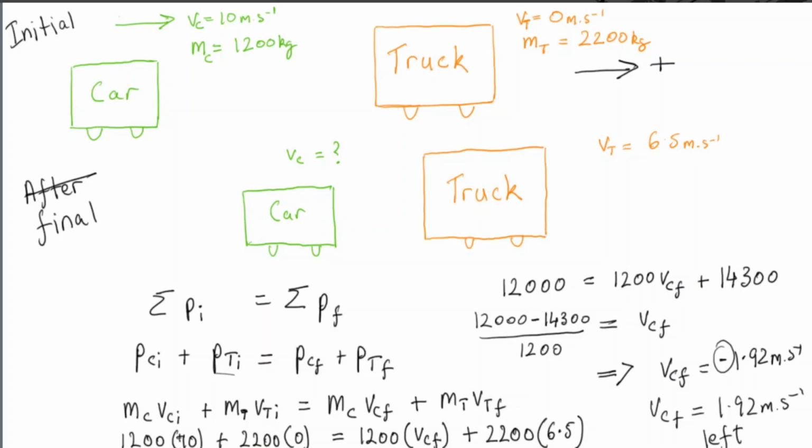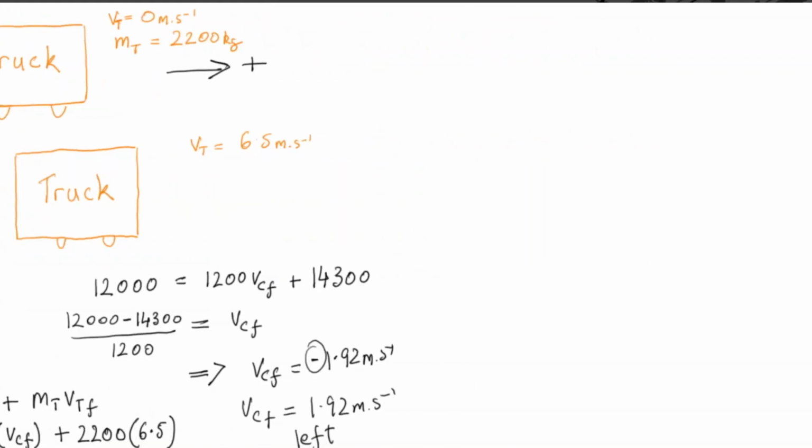Now the second part of this question actually asks us if this collision is elastic or inelastic. And if we go back to our previous lesson, we learnt that an elastic collision is one where the kinetic energy before the collision is equal to the kinetic energy after the collision. So we can go ahead and write that down as an equation.